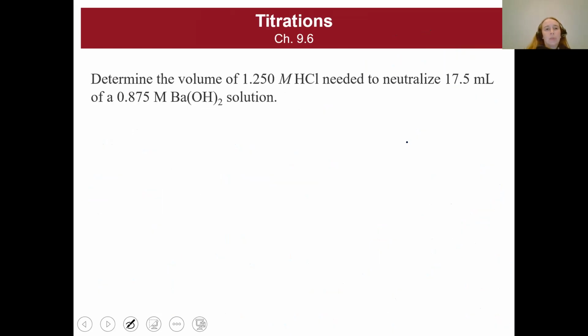Now, determine the volume of 1.250 molar HCl that is needed to neutralize 17.5 milliliters of a 0.875 molar barium hydroxide solution. Barium hydroxide and HCl, this is an acid-base reaction. So I'm going to do HCl plus barium hydroxide.